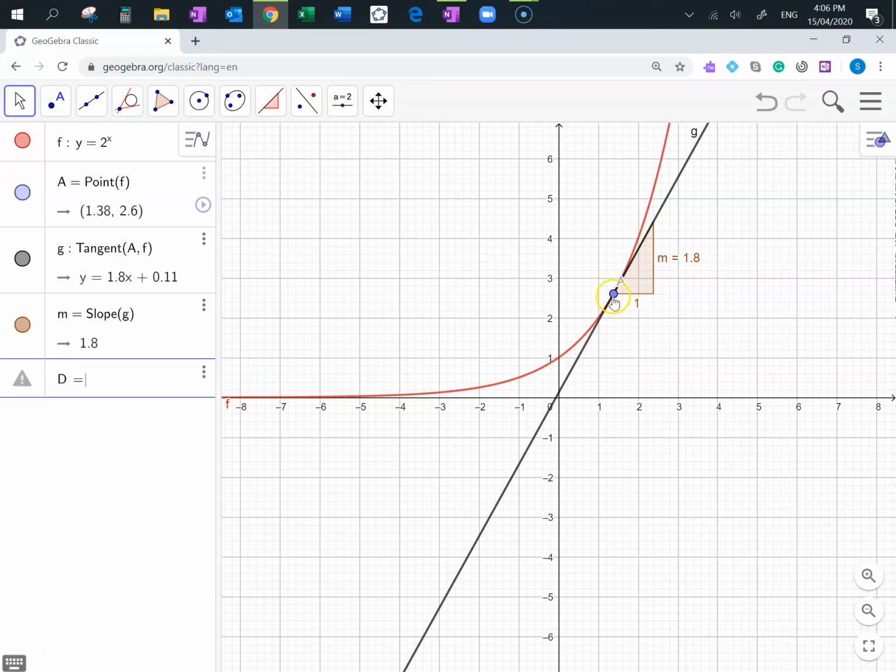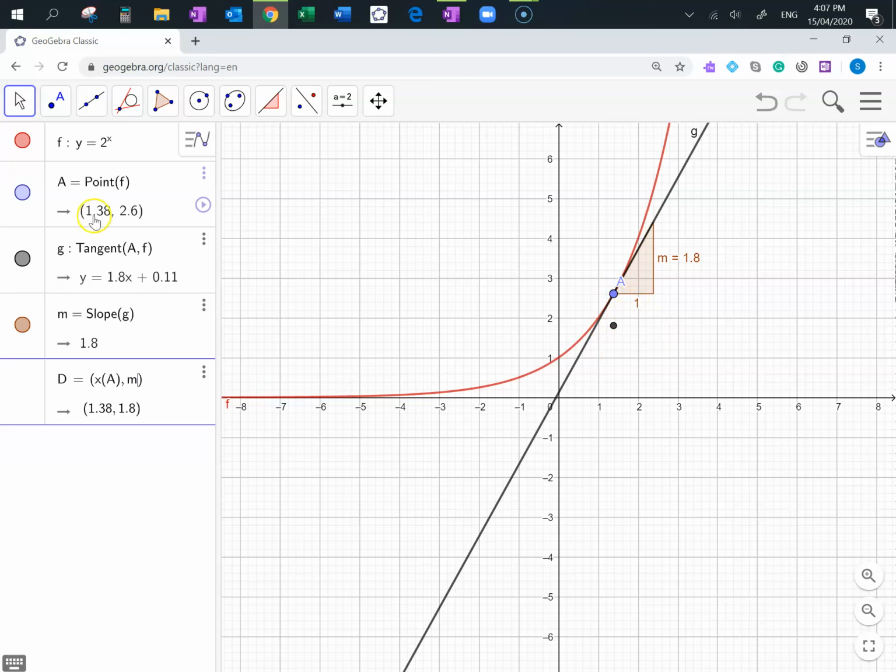What I'm going to do is plot the x-coordinate of the point A, and with it, I'm going to plot the gradient of the curve at that particular x value. So I'm going to put in the slope, which is m over here. You can see these two things are lined up perfectly.